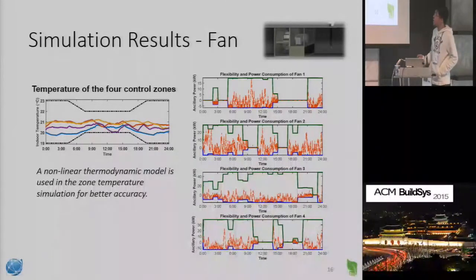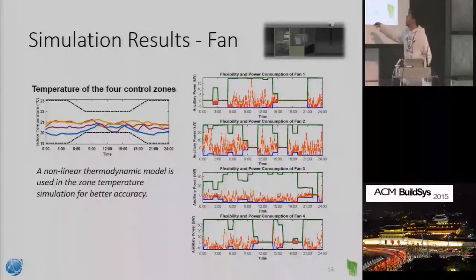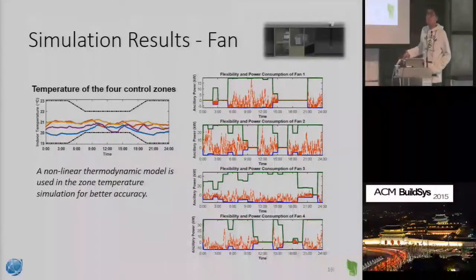Although there are times when each individual fan cannot provide any flexibility, for the aggregation, we still have some flexibility. And we can also see that the temperature of the 4 control zones in the simulation all stay in the comfort zone.